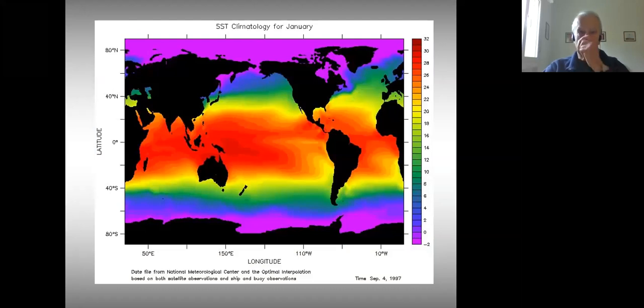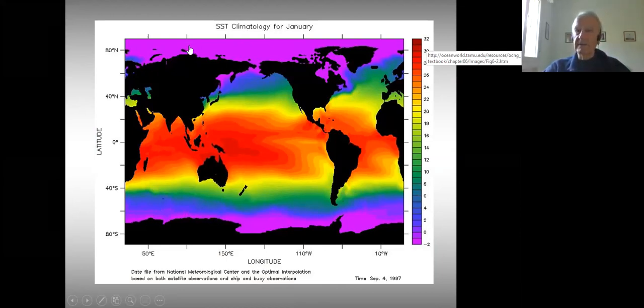Here, for your information, for your idea, this is the sea surface temperature climatology for January. And you can see that there is this belt around the equator with a relatively high sea surface temperature, which goes up to 30, 32 degrees, over 30 degrees.